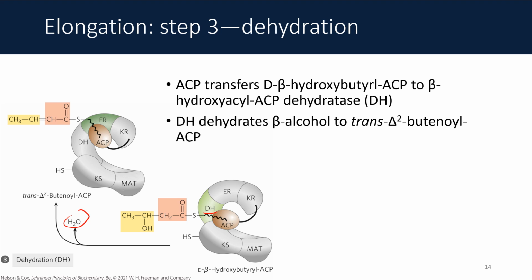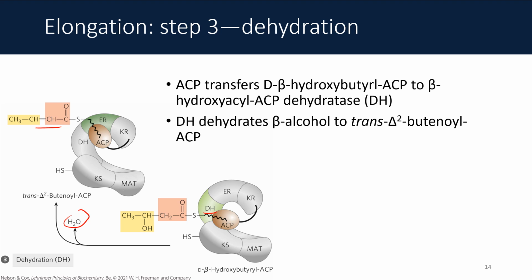When you dehydrate an alcohol, you essentially perform an elimination reaction, and that's going to yield a double bond. We will now desaturate the C alpha C beta bond we just formed into a trans alkene. Trans delta 2 butanoyl ACP is the product of this reaction.